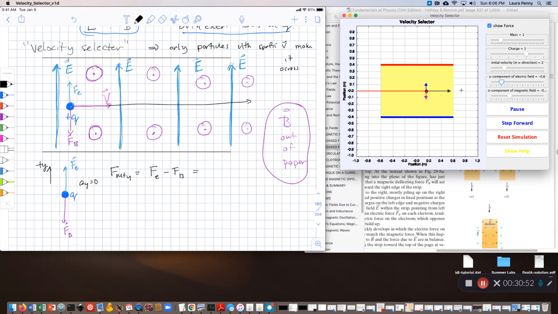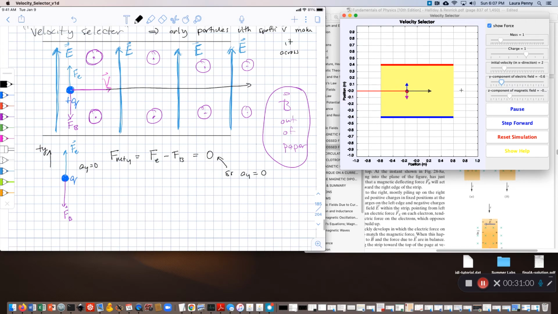So a velocity selector, you'd want this to be equal to 0 so that the acceleration was 0. So if I do that, then I basically am saying that the magnitude of my electric force has to equal the magnitude of my magnetic force.